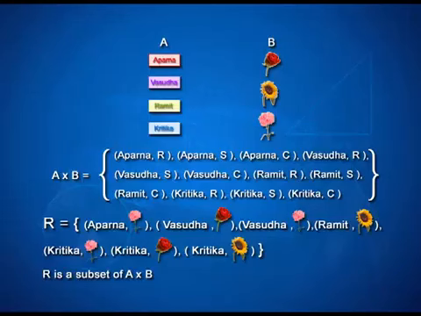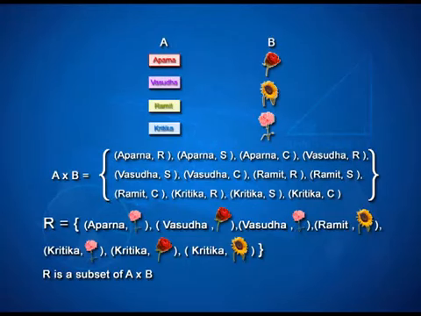So, I have 4 elements in set A, 3 in set B, leading to A cross B with 12 elements represented as Aparna comma R, where R now represents rose. And therefore, what was this set R? This set R that we talked about as a relation is nothing but a subset of A cross B.